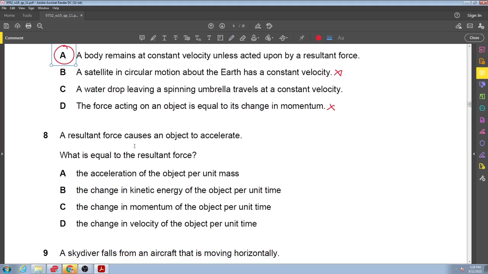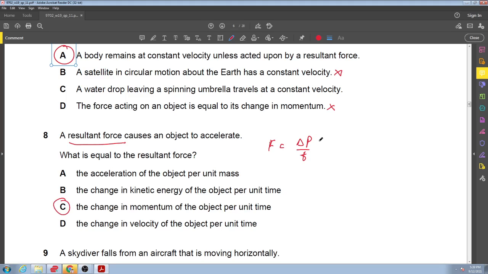A resultant force causes an object to accelerate. What is equal to the resultant force? The acceleration of the object per unit mass, the change in kinetic energy, the change in momentum of the object per unit time, or the change in velocity of the object per unit time. The resultant force we can write as the change in momentum over time, so the change in momentum of the object per unit time.